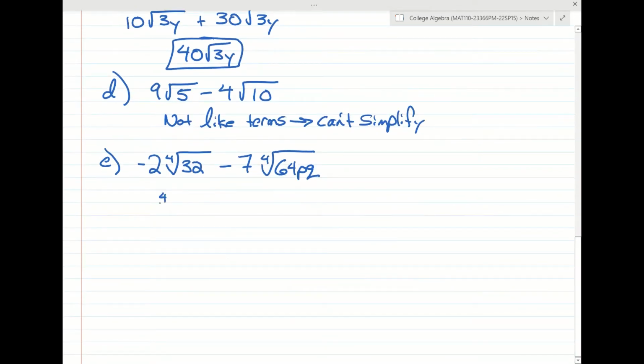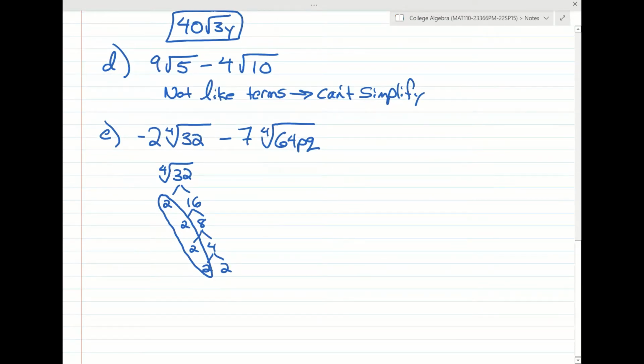So the 4th root of 32 is the same thing as 2 times 16, which is 2 times 8, which is 2 times 4, or 2 times 2. We're looking for a group of 4. So there's a group of 4 right here, and there's a 2 left over.